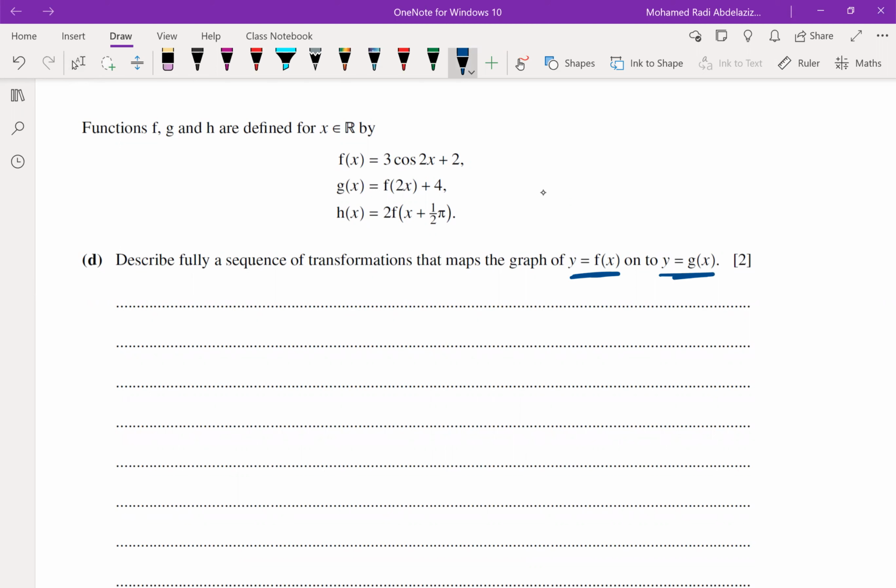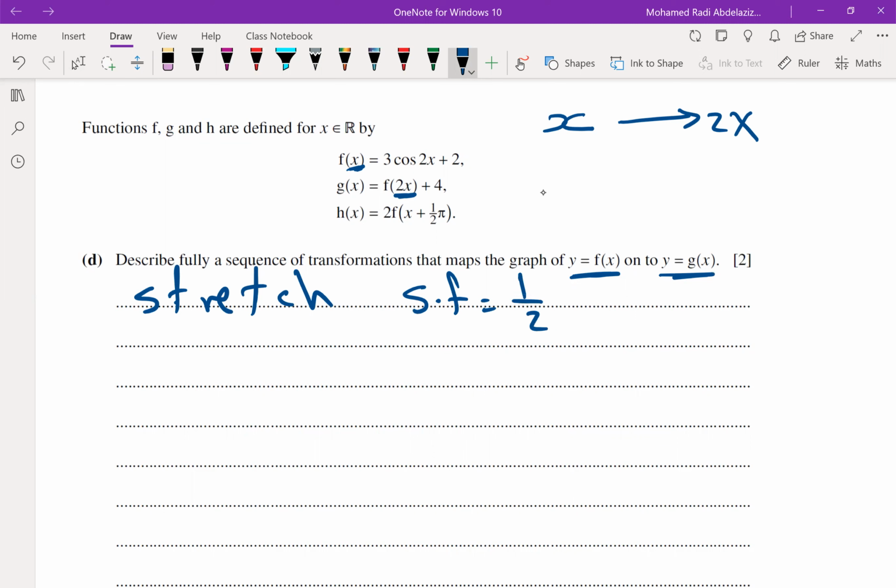Now look at g of x. It's f of 2x. We replace x with 2x. When you replace x with 2x, this is called what? Stretch. Scale factor what? Don't forget, for x, we find the reciprocal.